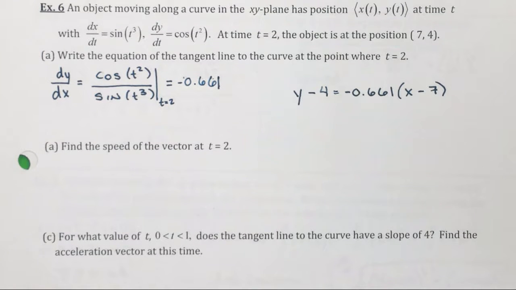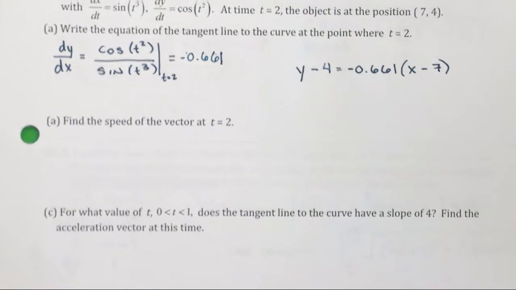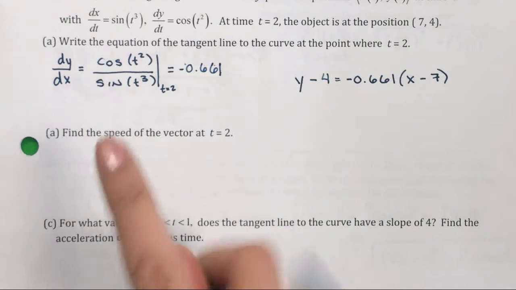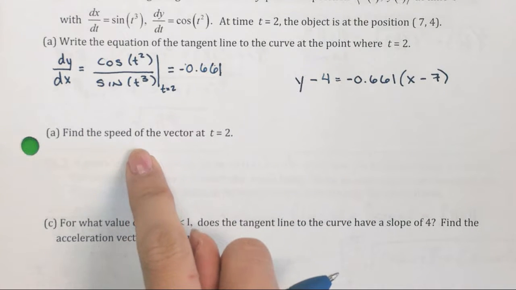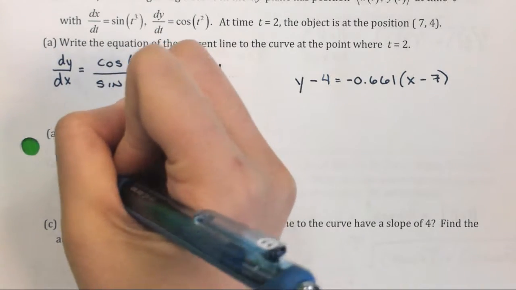Number 2, speed is the what? Speed in parametric form. No, not yet. That's distance. Speed is just magnitude.